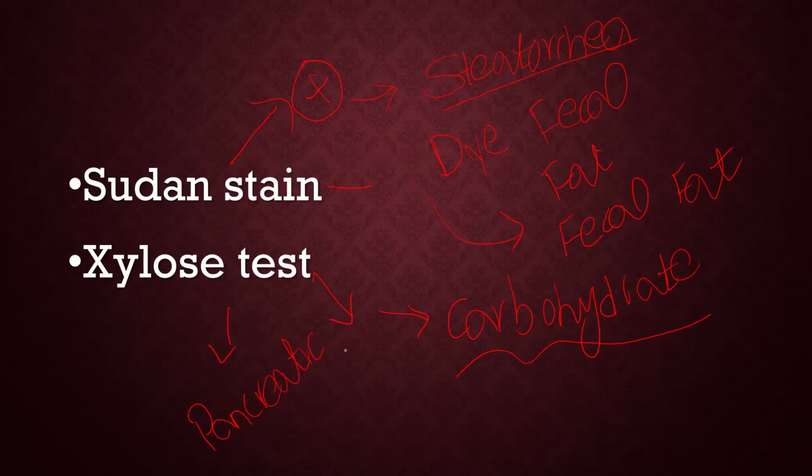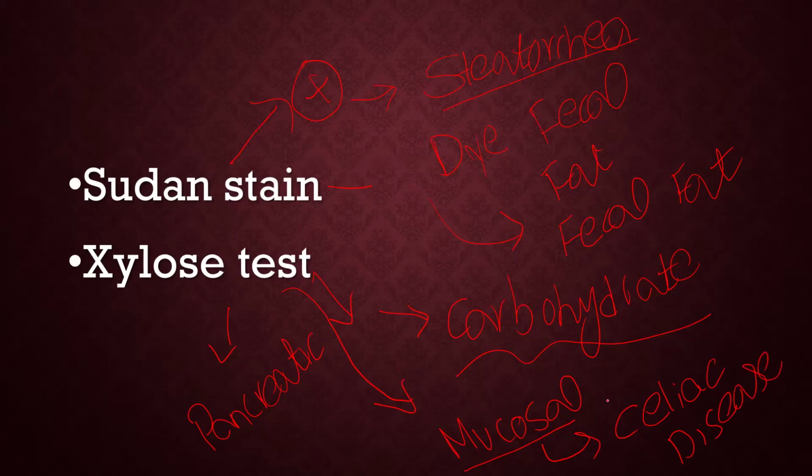If it is not absorbed and is excreted, then the pathology is basically mucosal, right? That includes celiac disease. Very important: the xylose test is positive in celiac disease while it is normal in pancreatic pathologies. Pancreatic pathologies that lead to malabsorption are pancreatitis and cystic fibrosis.